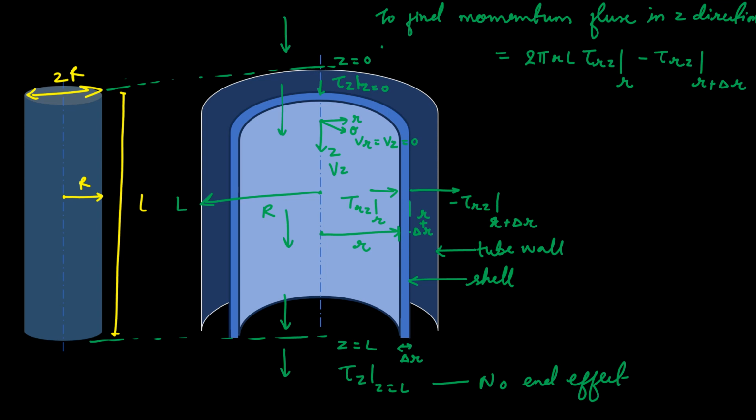So whatever bulk is going in here is coming out. Therefore, because of no end effect, these cancel each other, and therefore the momentum flux in the z direction is this.